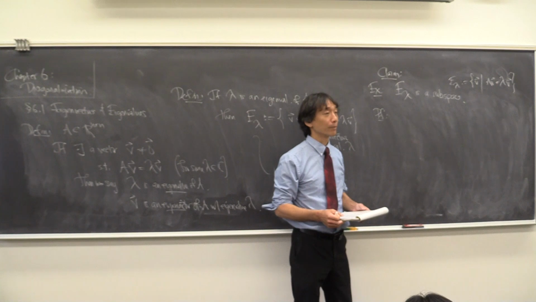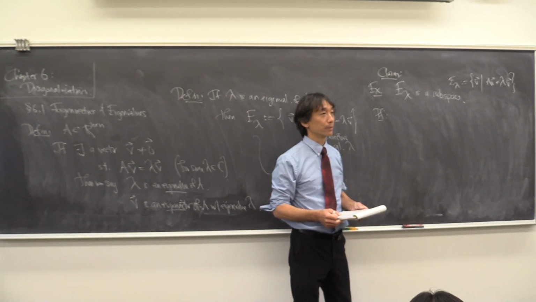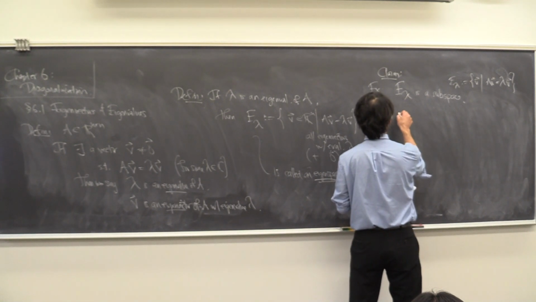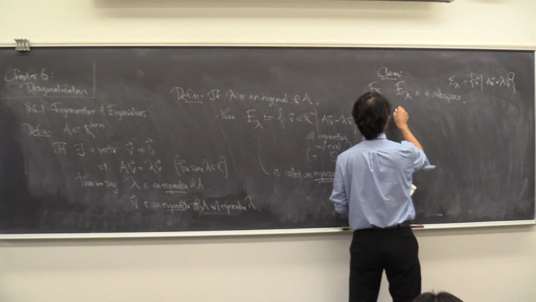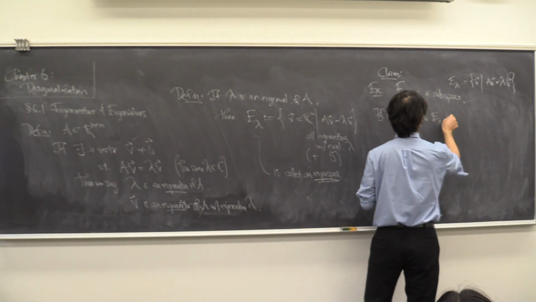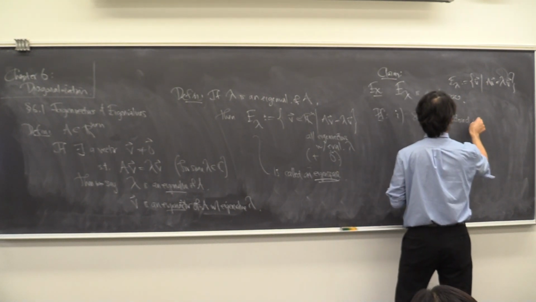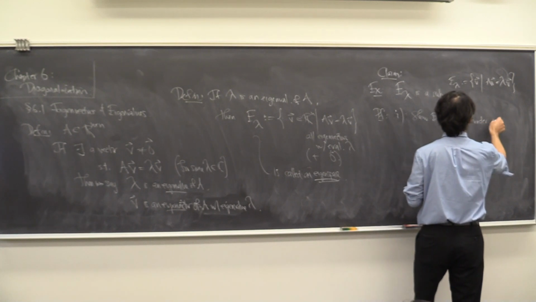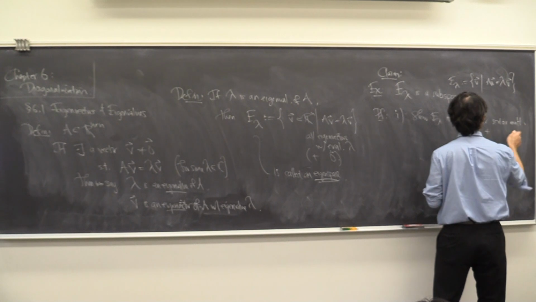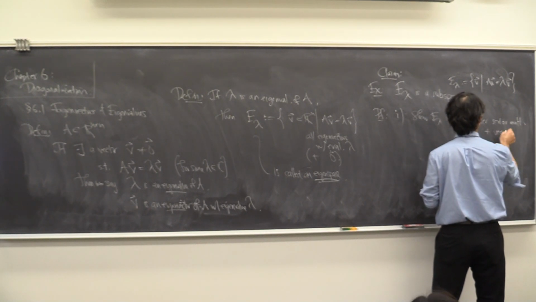Because a subspace has to work with addition and scalar multiplication. Okay, yeah, so let's show that this thing is closed under scalar multiplication and vector addition.